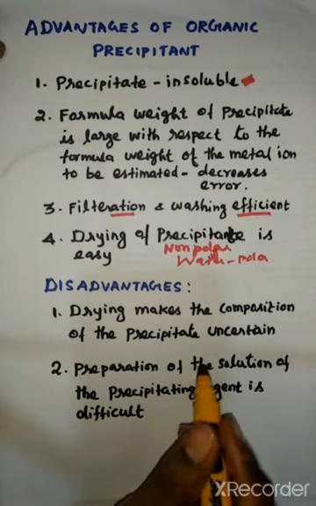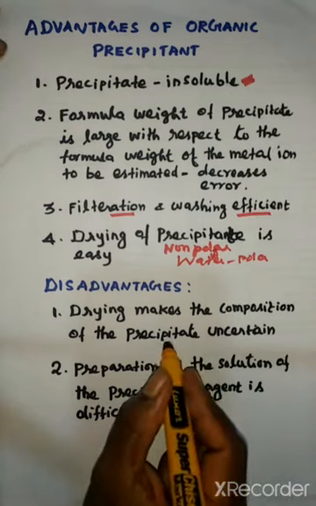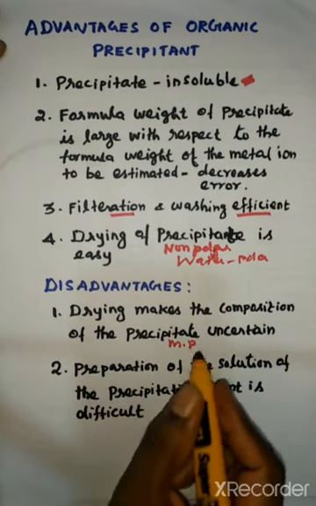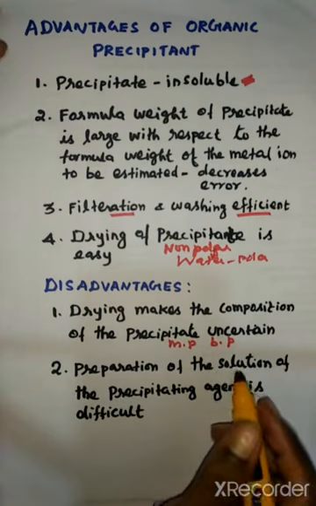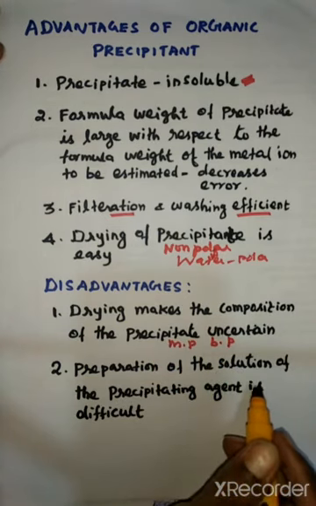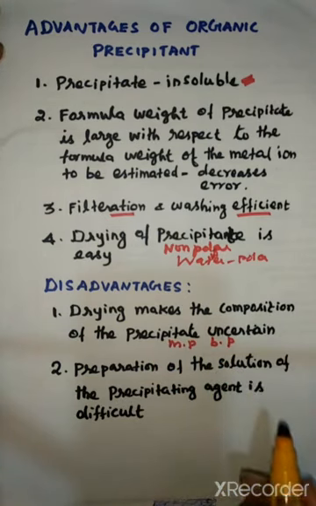We know the melting and boiling points of organic compounds are less when we compare to the inorganic metal ions.